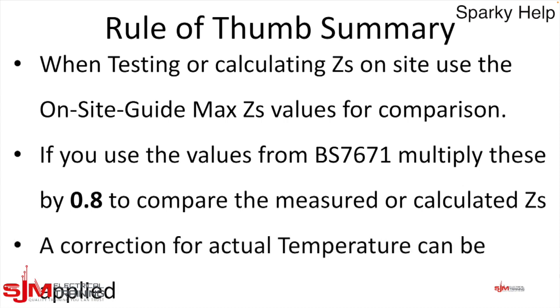Or if you want to be super accurate, you could actually correct your test values for the actual temperature. If we were to do that on this example, it's a possibility that the circuit does actually pass. But it's probably easier just to stick to the rule of thumb, because very rarely would you be on that borderline, but if you did, you could apply it.